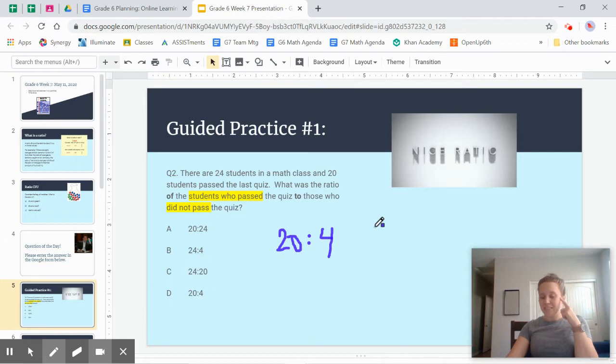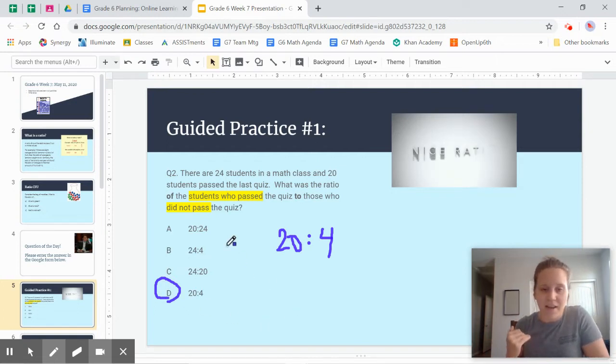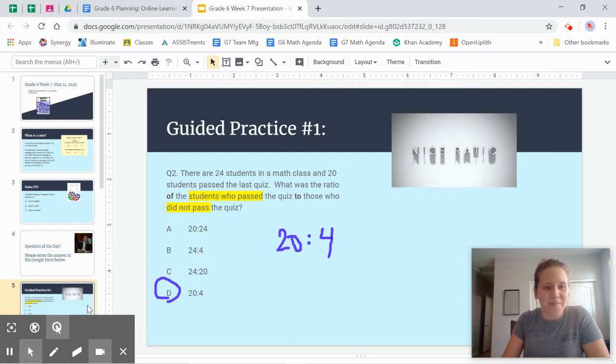But if I want to know how many students did not pass the quiz, I need to take the total number of students minus the students who passed. 20 to 4. My correct answer is D. Okay. These answer choices are not simplified. You could simplify your answer if you were working on your own, but since they're not simplified, I'm not going to worry about doing that right now. Okay. Awesome.